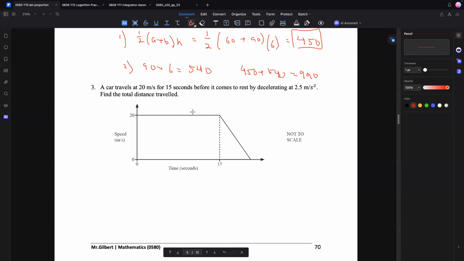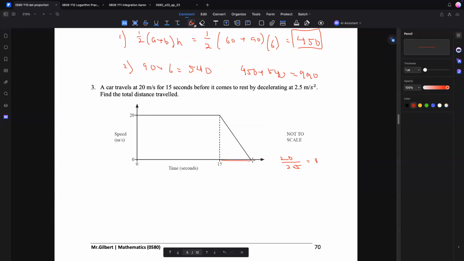So the easiest way you can do this is you just use the speed that you have divided by your deceleration. So it's going to be 20 divided by 2.5. And then you'll get this line here, which is 8.